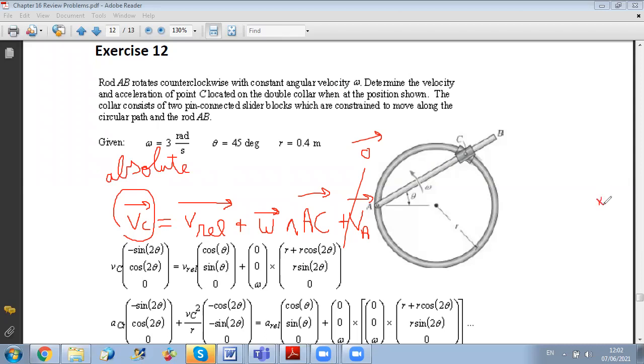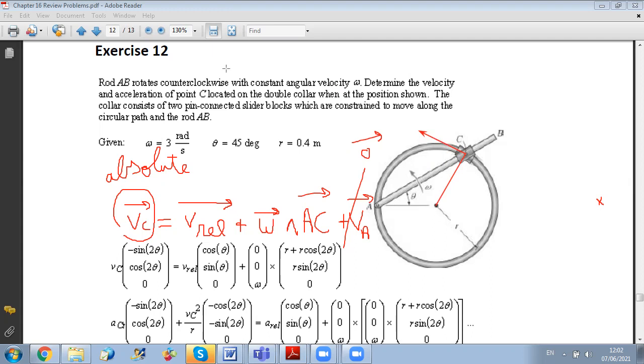If I am at this point and I look at C, I will see that point C is doing rotation on this circle. In rotation about a fixed axis, the velocity of point C will be perpendicular to the radius. So the absolute velocity that I will see if I am standing in a fixed frame is this vector, which is perpendicular to the radius.